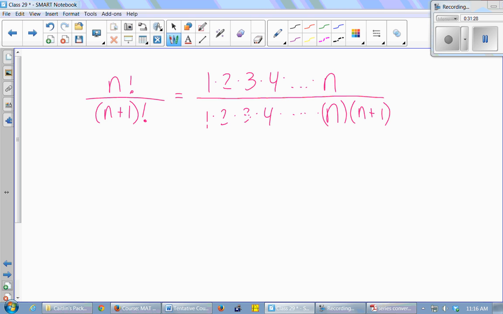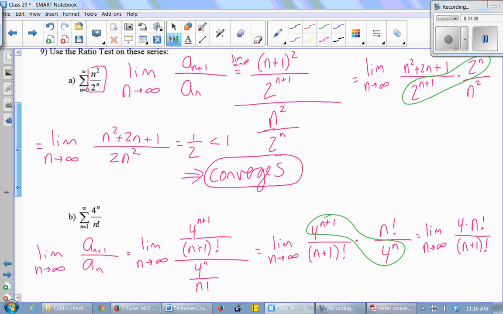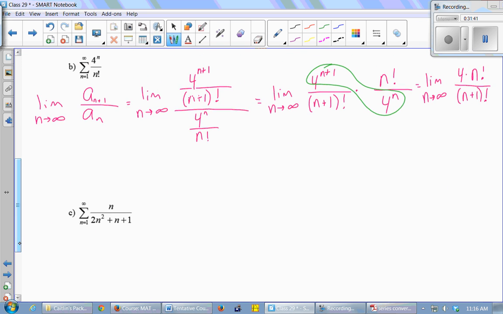Stop one more than that. And then you get whoosh, whoosh, cancels, and you just have an n plus 1 on the bottom. No more exclamation point. So this is now the limit as n goes to infinity of 4 over n plus 1. So it canceled all the factors of the factorials.